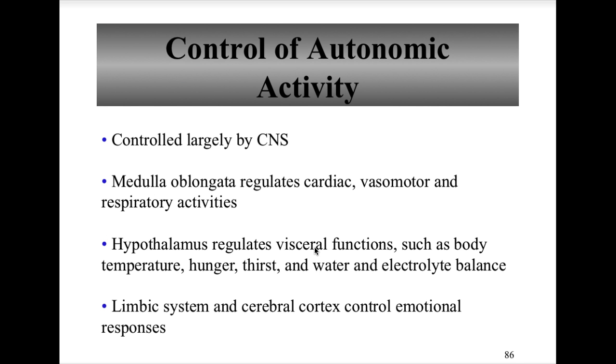The control of autonomic activity. Overall, the central nervous system controls the autonomic nervous system. First, the medulla oblongata is going to control visceral activities: cardiac, heart rate and rhythm; vasomotor, which is blood pressure; and respiratory functions, depth of breathing. You have the limbic system in the cerebral cortex that's going to control the emotional responses.